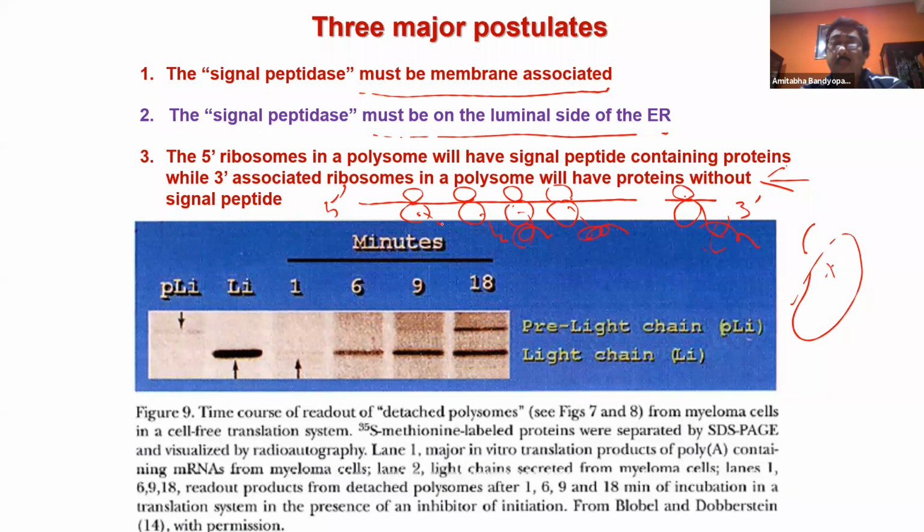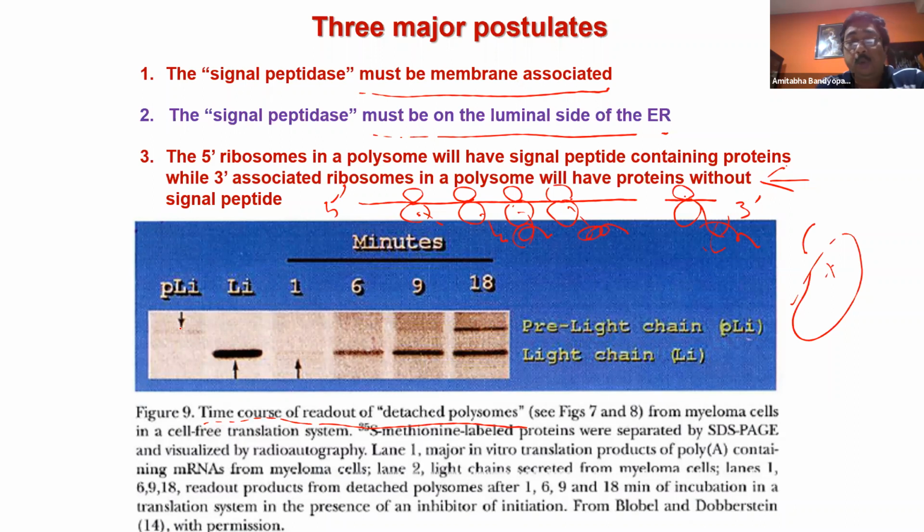Now, this is being done in the presence of microsome, okay? In vitro synthesis of protein, but in the presence of microsome, the time course of readout of detached polysomes in a cell-free translation system. So first, this lane is the major in vitro translation product.